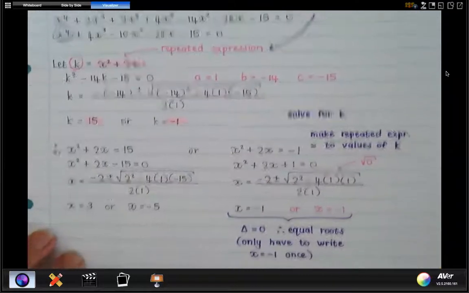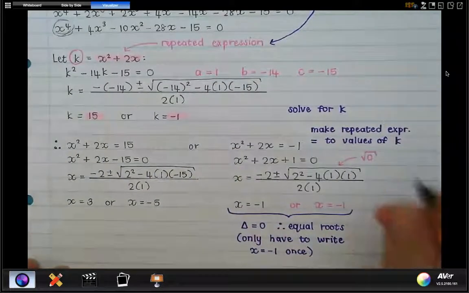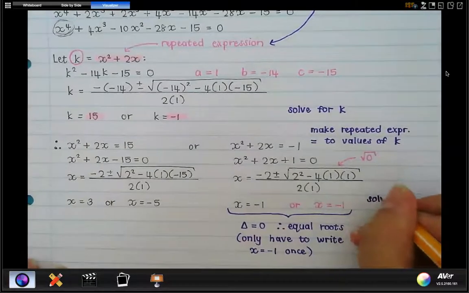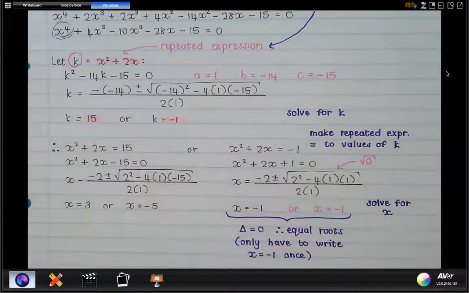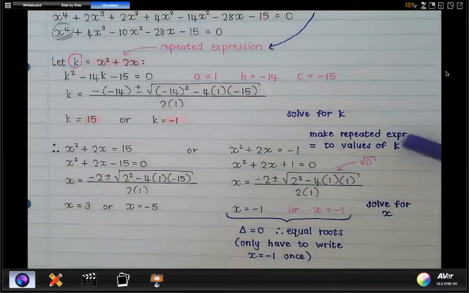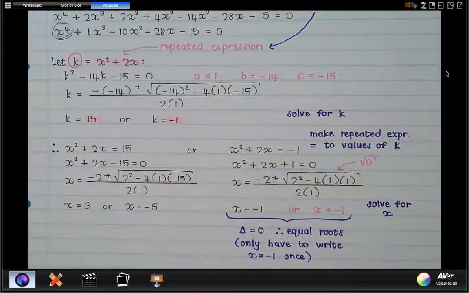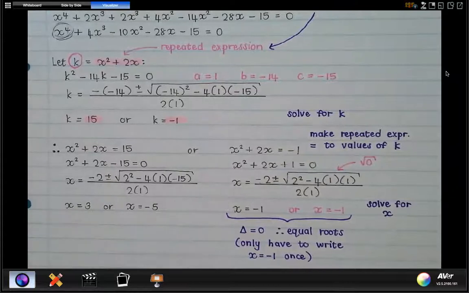And then from there, you are going to actually solve for x in both of those equations that you set up in this line. Okay, and that is what you are going to be doing in the whole exercise that I am going to be giving you guys.